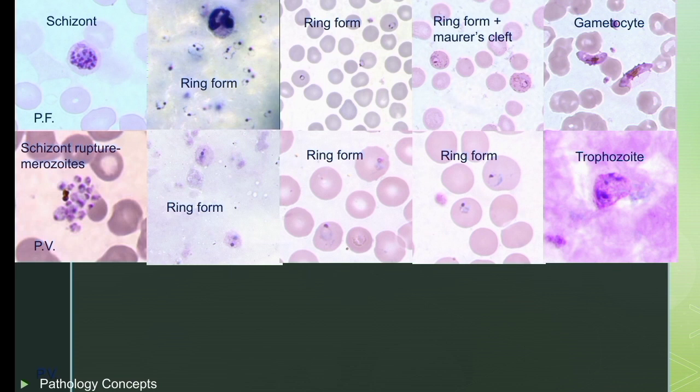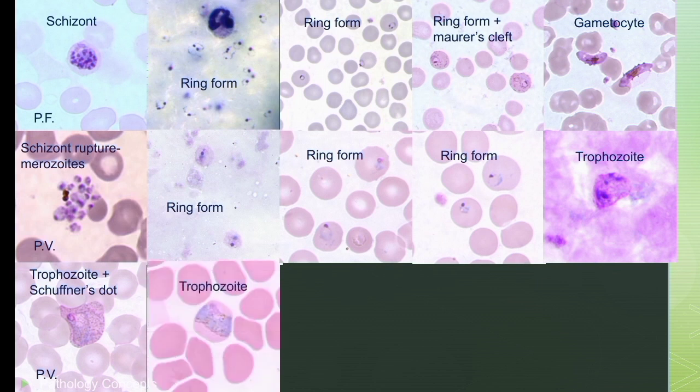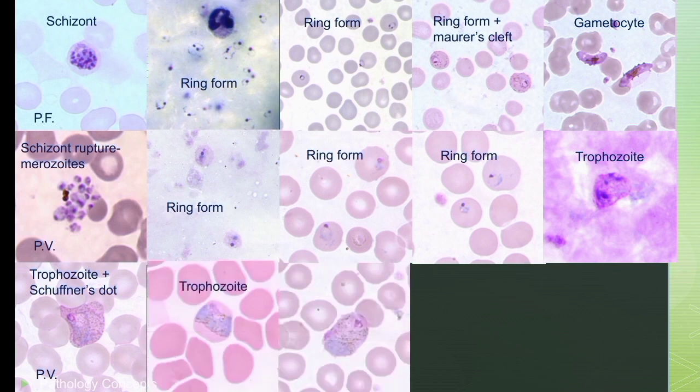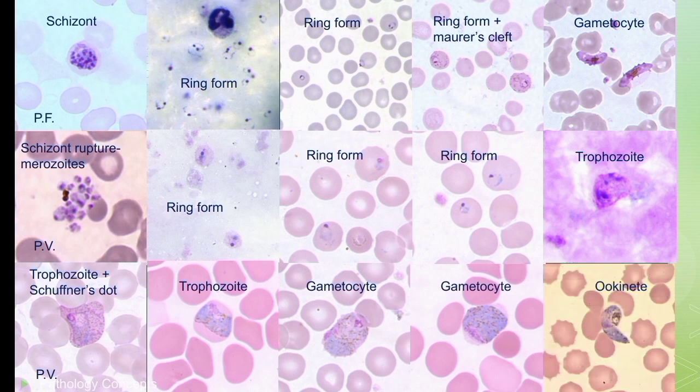This is the trophozoite. Trophozoite with Schüffner's dots. This is also a trophozoite. This is the gametocyte of Plasmodium vivax. This is also a gametocyte. This is the ookinete.